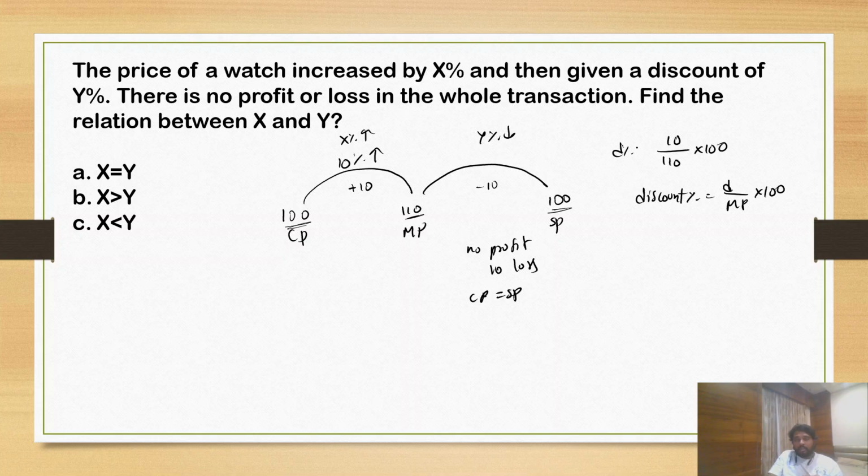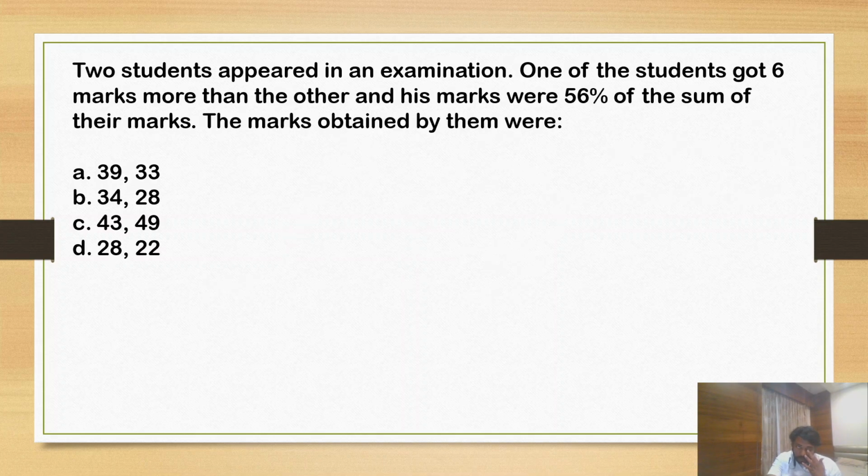So 1 out of 11 into 100 is 9.09%. So you got Y as 9.09. If X is 10, Y is 9.09, no? So obviously X is greater than Y, correct? Let's see the next question, guys.